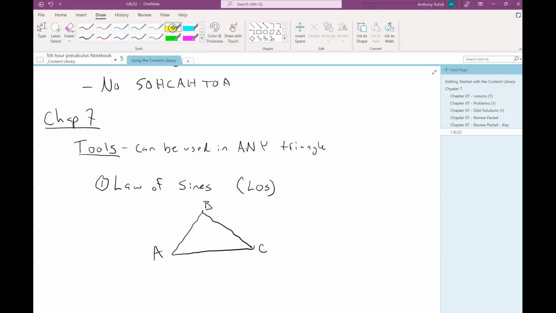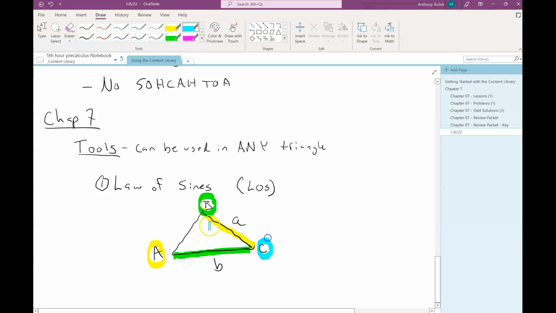So, for example, angle A, the side opposite angle A is this side here. I'm going to name that with the lowercase letter a. Angle B, the side opposite is this one. That I'm going to name with the lowercase letter b. And then angle C, the opposite side is that. And I'm going to name that with the lowercase letter c.